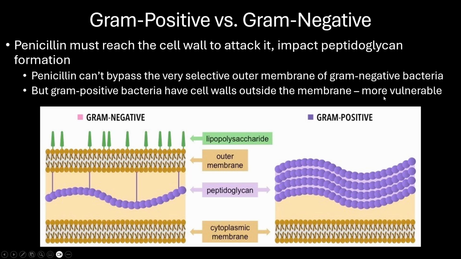And so there's kind of unfettered access that antibiotics have to the cell wall and can get in there and wreak havoc. Over here for gram-negatives, it's a bit different because that outer membrane complicates things. It's harder for materials to pass through that outer membrane. They can be more selective, and so some antibiotics can't pass that outer membrane very easily.